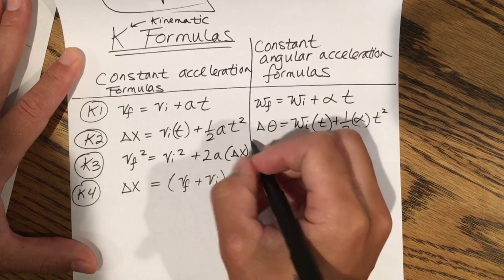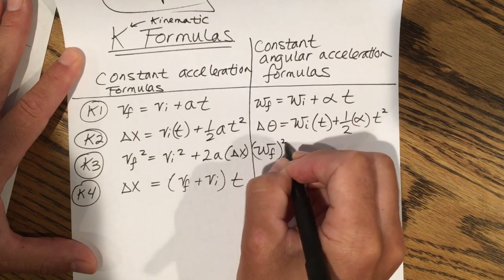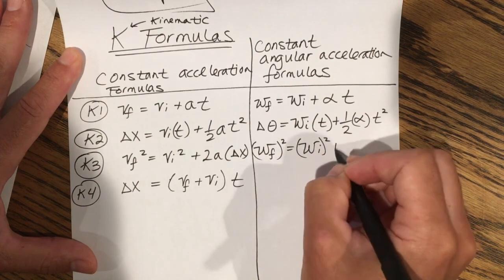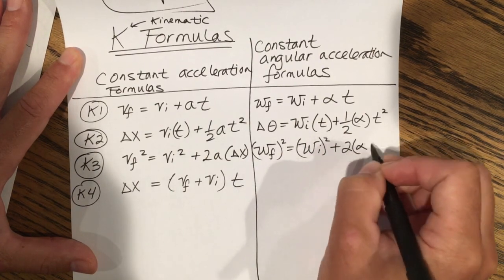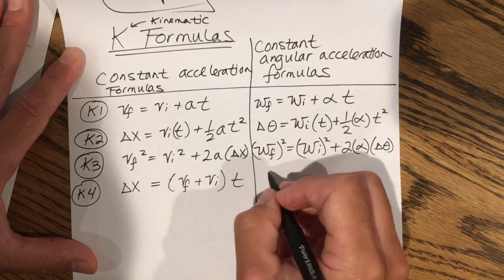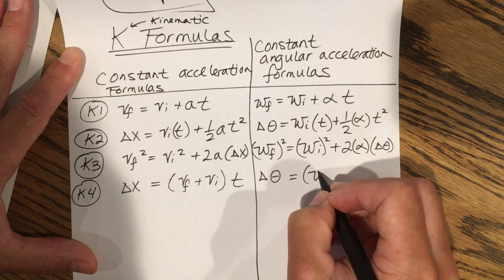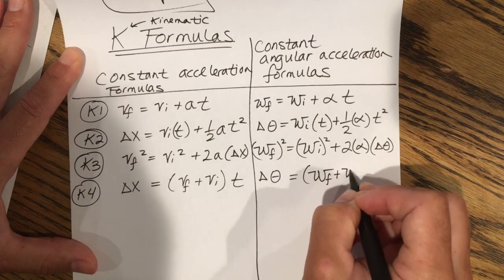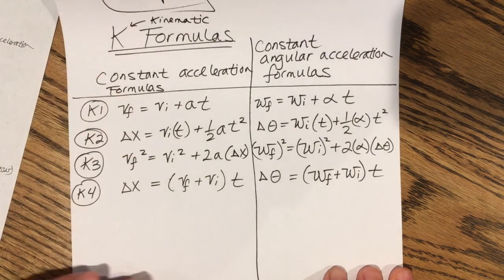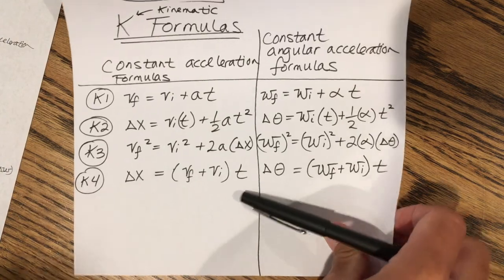And this next one is going to be omega f squared equals omega i squared plus 2 alpha delta theta. And then finally, delta theta is equal to omega f plus omega i times t. All right, so there you have it. Okay, let's go ahead and move on.